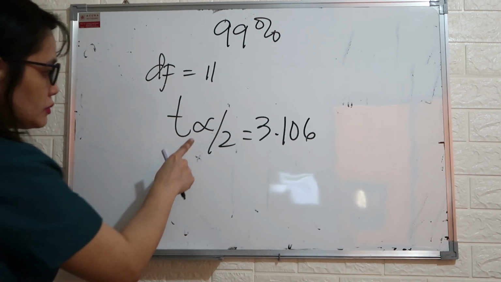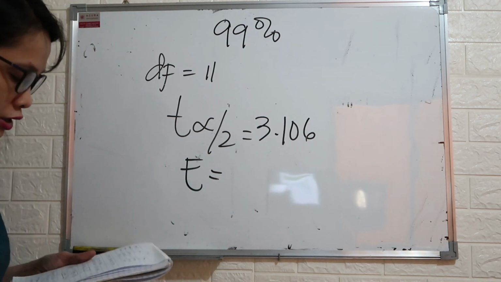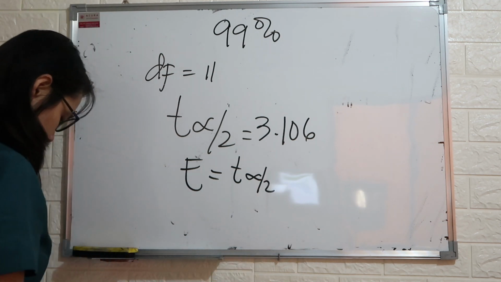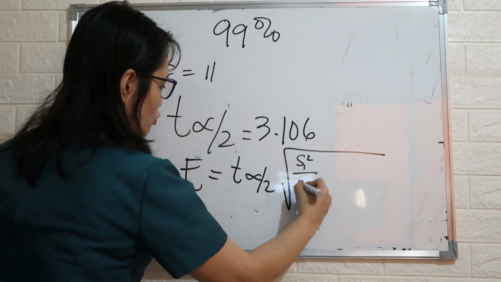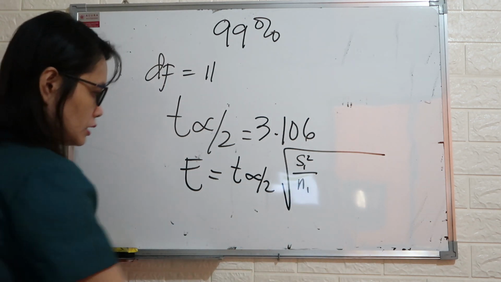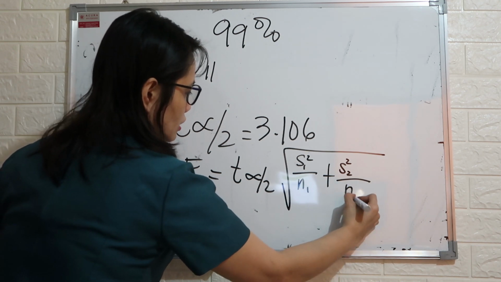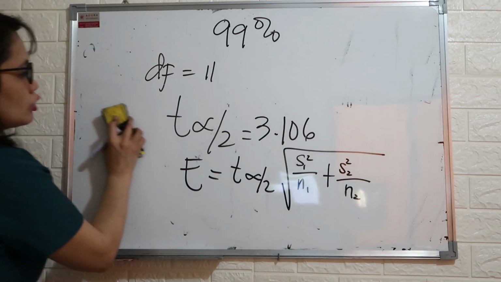Now, since you already have T alpha over 2, we can now solve for the margin of error. So the margin of error is T alpha over 2 multiplied by the square root of the first variance over the first sample size plus the second variance over the second sample size. So we can now solve.